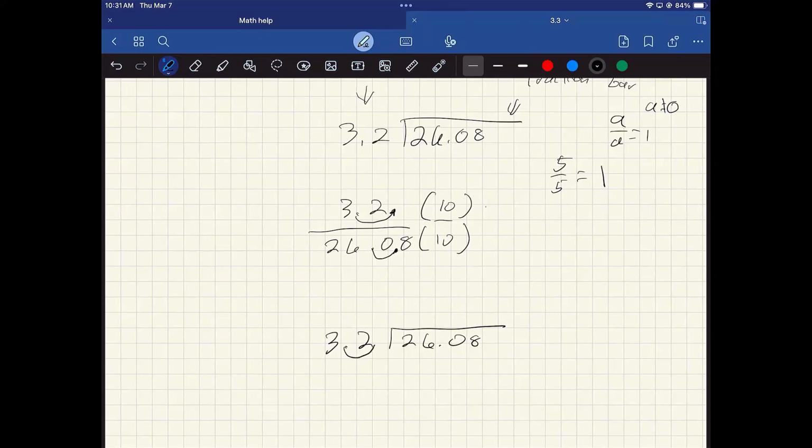So the reason we're moving this is we're multiplying both by 10. So it's 10 divided by 10, or multiplying by 1. That's where we get the 32. And now we're at 260.8. If I move it 2 places, that's by 100. If I move it 3, it's 1,000.